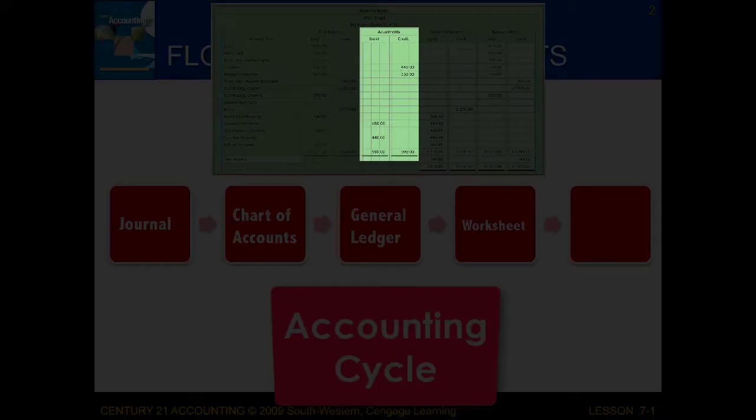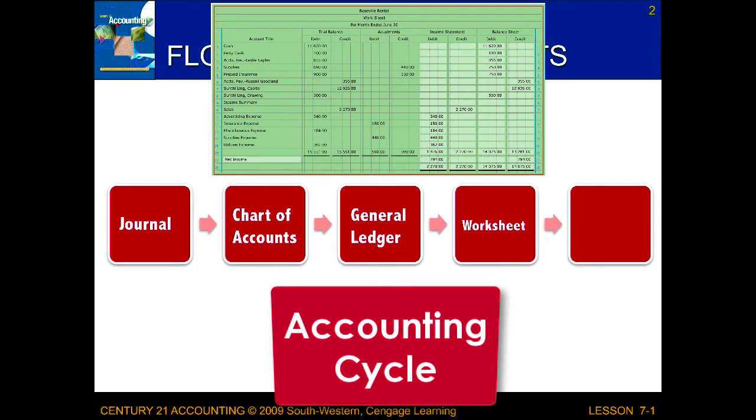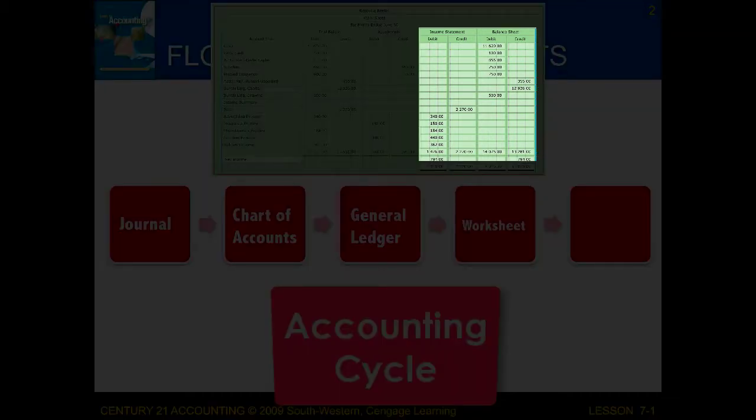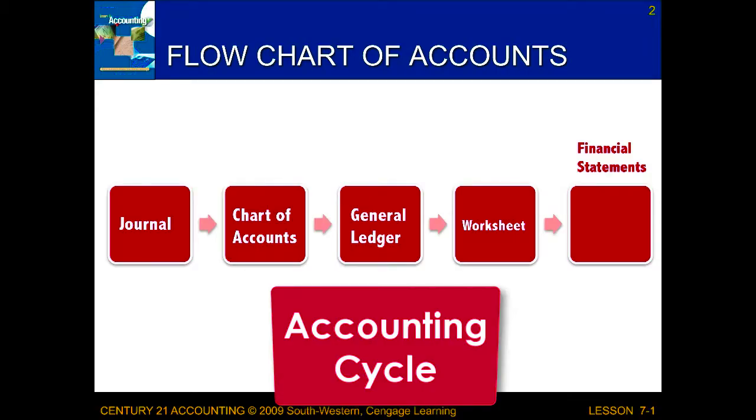Then we moved on to the adjustments column where we had to record any changes we had in supplies or prepaid insurance as adjustments. We then extended our balances onto our income statement column and our balance sheet column. And those were used to create our final box in the accounting cycle, the financial statements of, guess what, the balance sheet and the income statement.